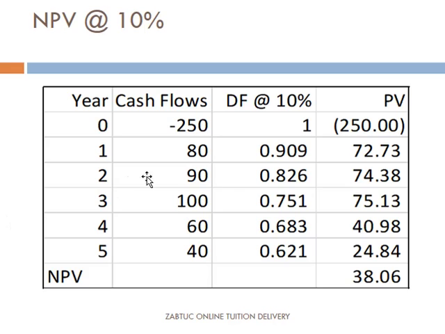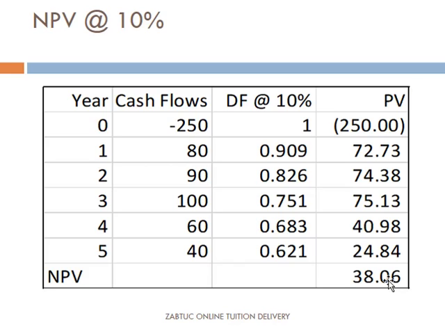Using the approach we have discussed, we've got your discount factors here at 10%. Once you multiply, you get the present values, all as at today. That is why we say present. So when you compare the outflow with the inflows, we've now got a net, and the net is 10.06, which is positive.